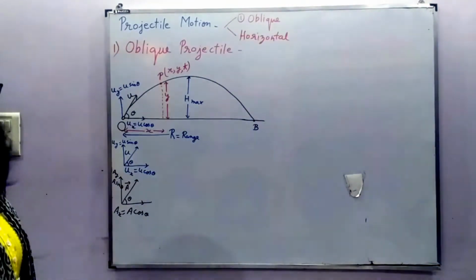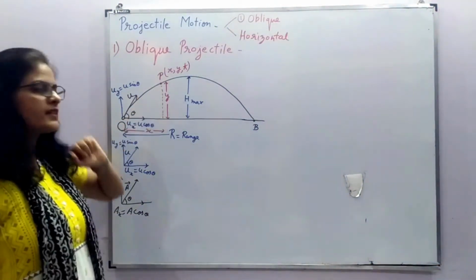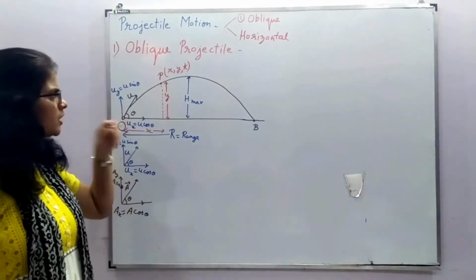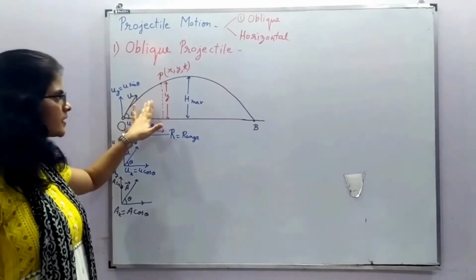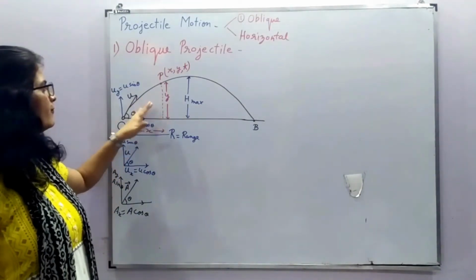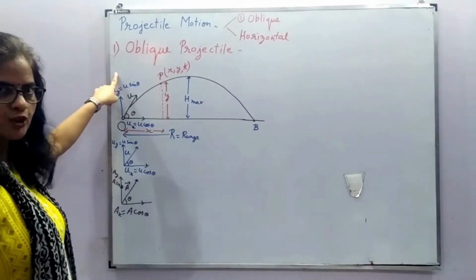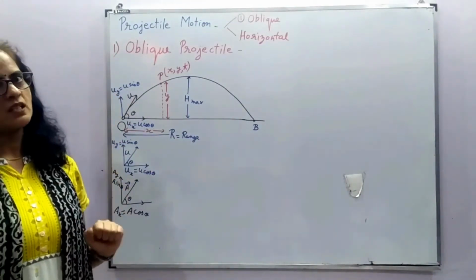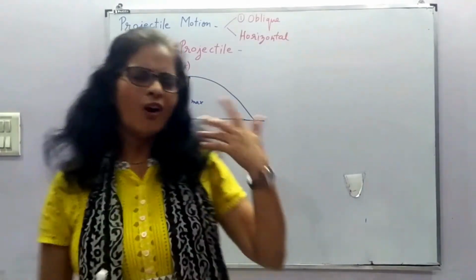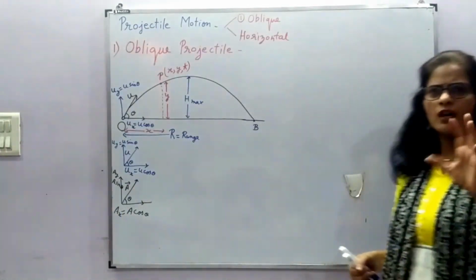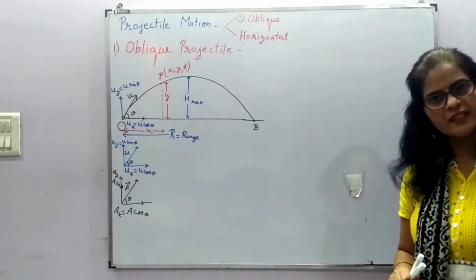Right? Now, when we are analyzing this case, we need to understand that this motion is a combination of horizontal motion and the vertical motion. So that means we need to apply all the rules to the horizontal and vertical motion separately.